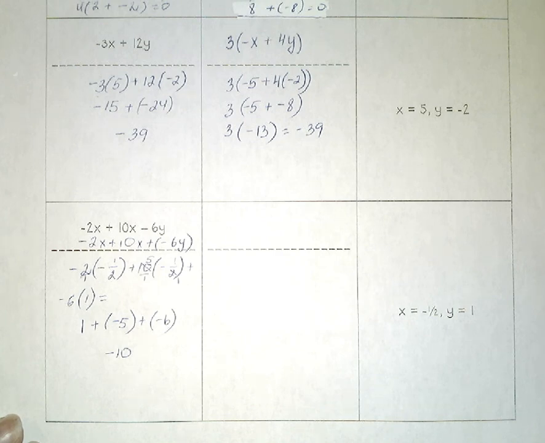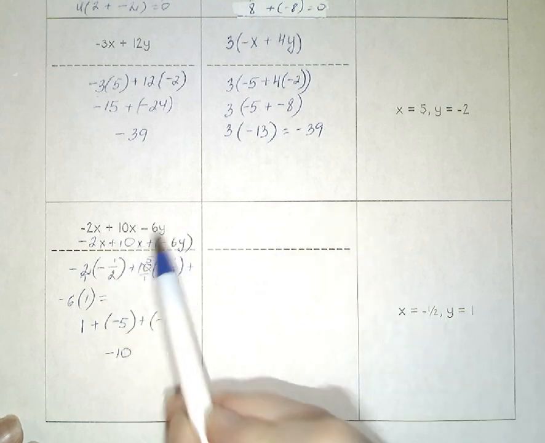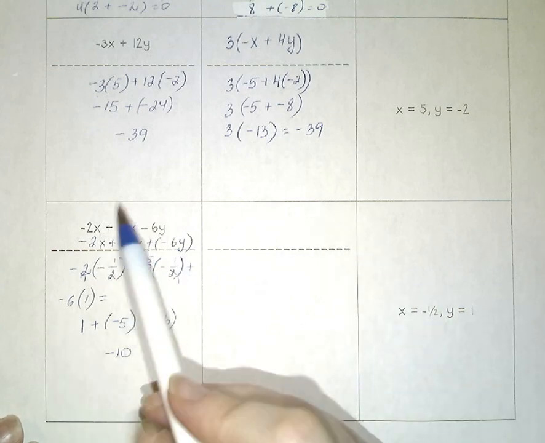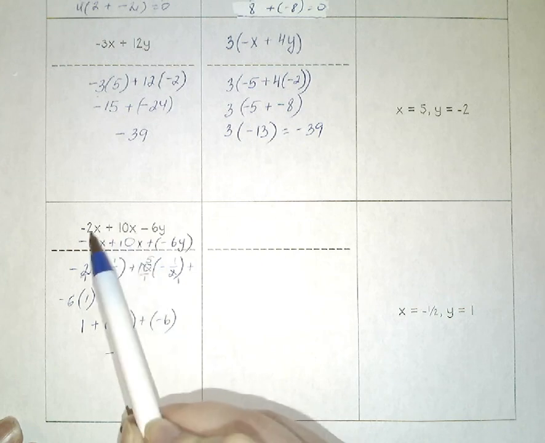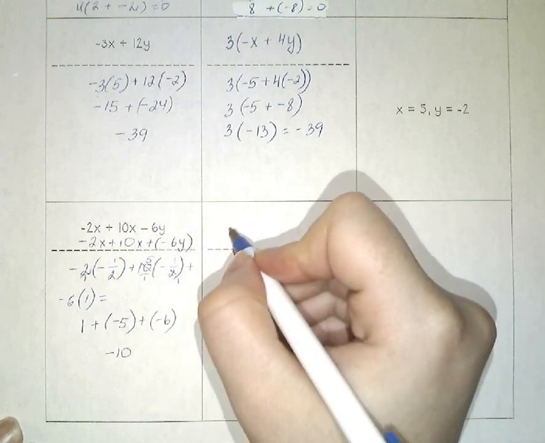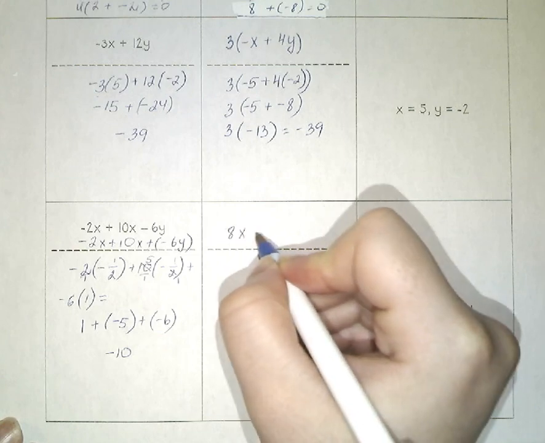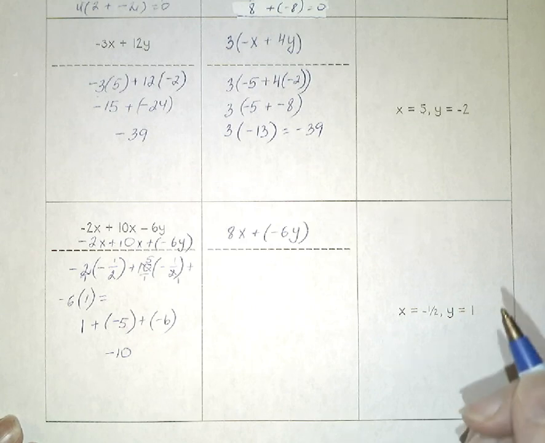All right. The equivalent expression that we can come up with is, if I look at these three terms, I can actually combine negative 2x and 10x, right? Negative 2 plus 10 gives you 8x. So 8x plus negative 6y. Let's see if that will work.